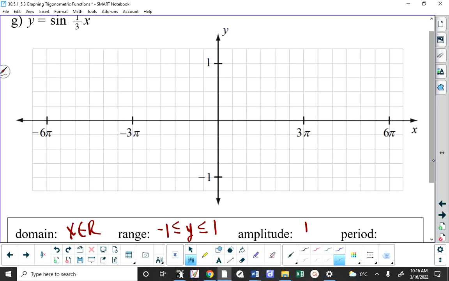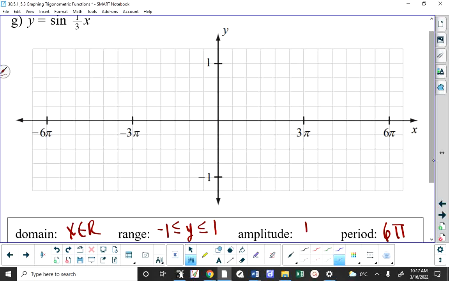And there are 2 ways to think of this. And I'm not saying you have to think of it one way or the other. The regular period of sine is 2 pi. If I have a b value of 1/3, that stretches the graph by a factor of 3. And if I take 2 pi times 3, I get 6 pi.